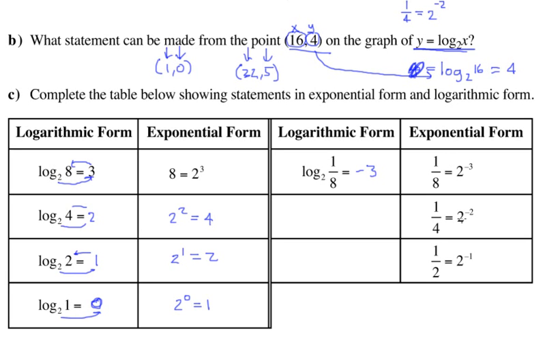This one, going back to log form, would be log base 2 of 1/4 equals minus 2. So this number, which was our base in exponential form, is still our base in logarithmic form, and the other two numbers trade places. The quarter says, okay, I'm tired of being alone, I'm going to be on the crowded side. The minus 2 says, I'm tired of being on the crowded side, I'm going to go be alone this time.